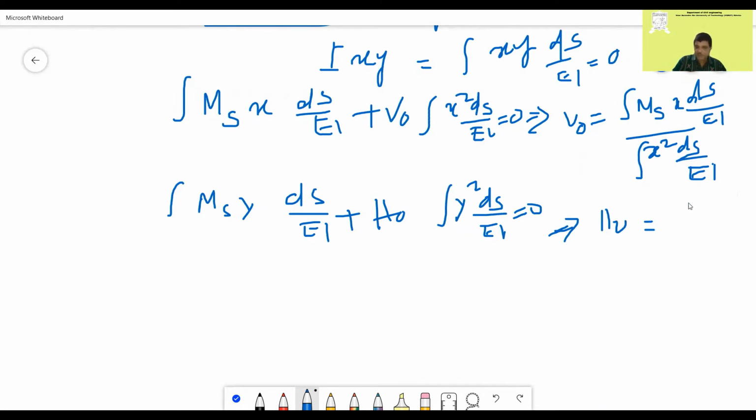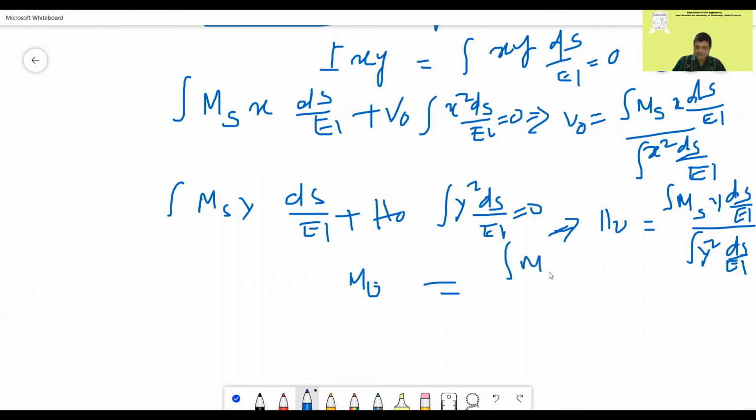H0 will be equal to the integral of Ms y ds by EI divided by the integral of y square ds by EI. Similarly, in the third equation, we will put this value and find M0, which is equal to the integral of Ms ds by EI.